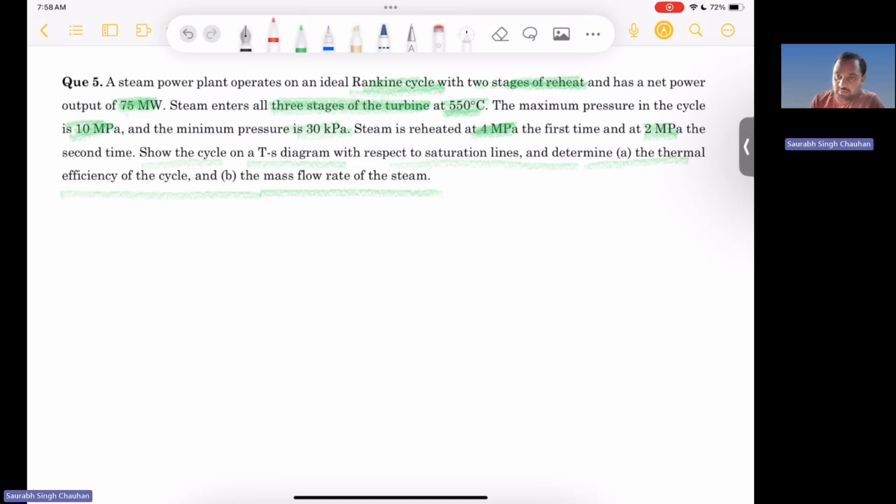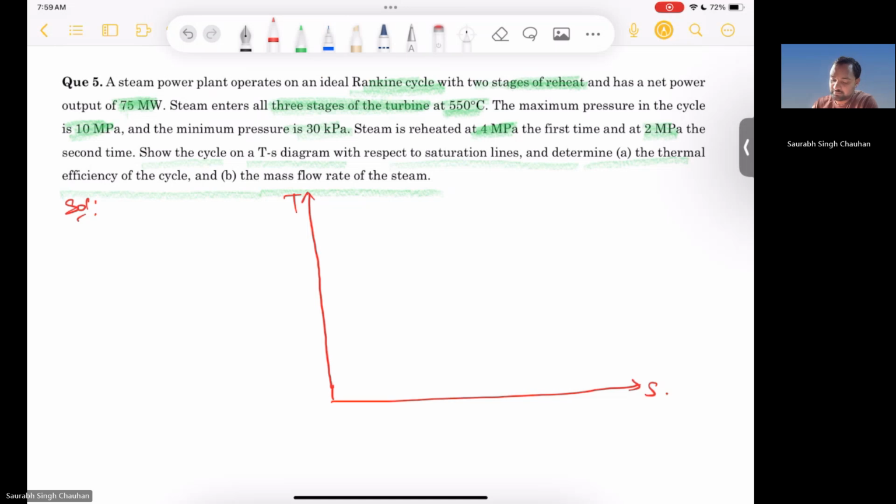Okay. So first of all, we will make the TS diagram because it is asked. Even if it was not asked, we should make the TS diagram. 1 to 2 is pump, then boiler, from 2 to 3.